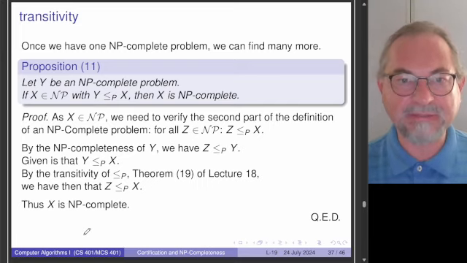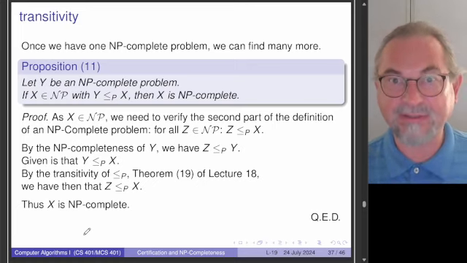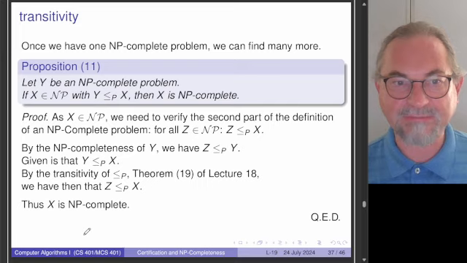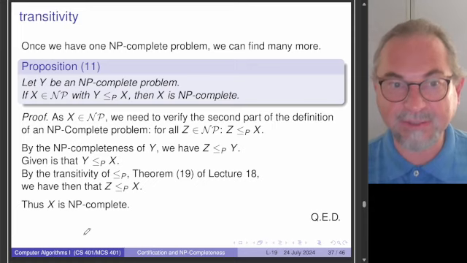That actually means that any problem Z that is in the set NP can be reduced to X. Therefore we have that X is NP complete.